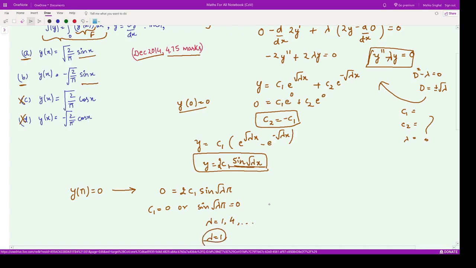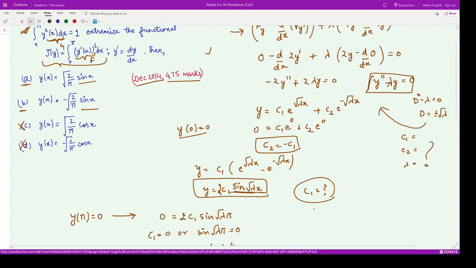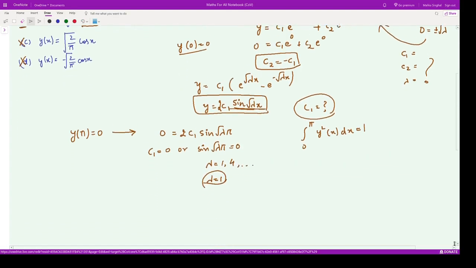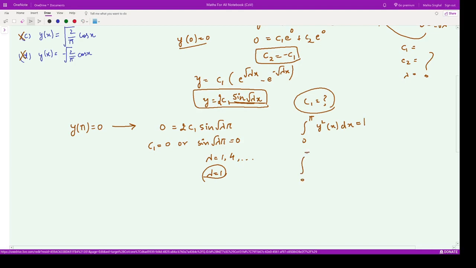Now let us calculate c1 using the given subsidiary condition. So what is the condition given to us? Let us see. The condition is integration from 0 to pi of y square dx is equivalent to 1, right. So let us solve this. Substitute the value of y over here. What is y? It would be 2 c1 sine of square root of lambda x, whole square, dx is equal to 1.